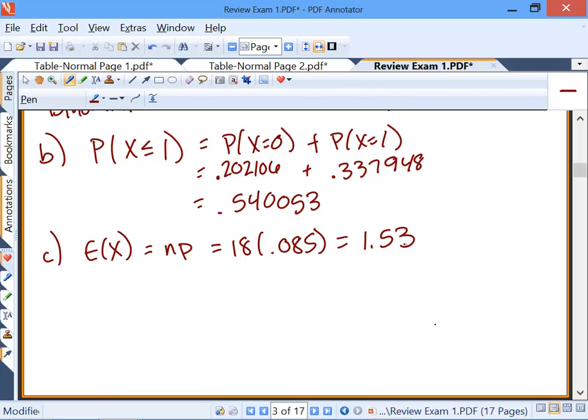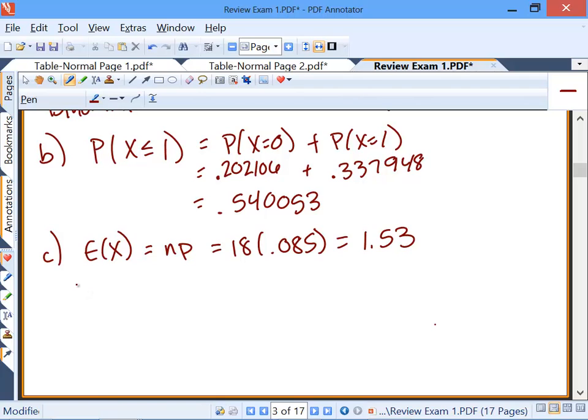So I expect to get about 1.5 misplaced chips per wafer. Obviously on any given wafer you can't have 1.5 incorrectly placed chips, but the average, if I look at many chips, is 1.5 misplaced chips per wafer.